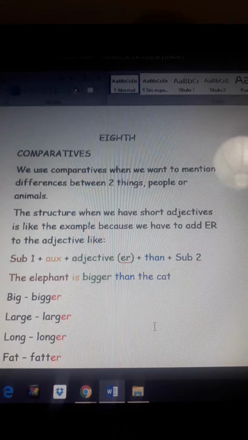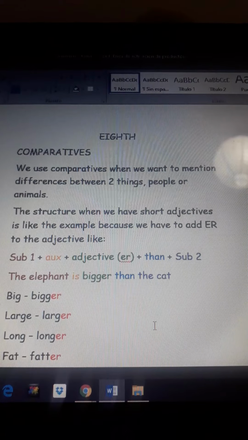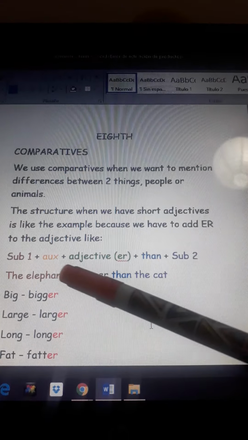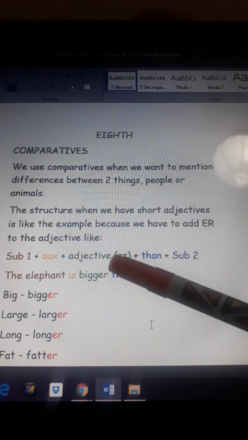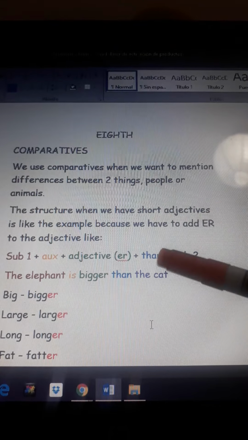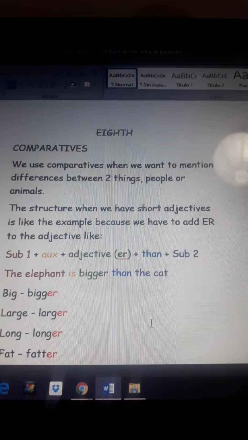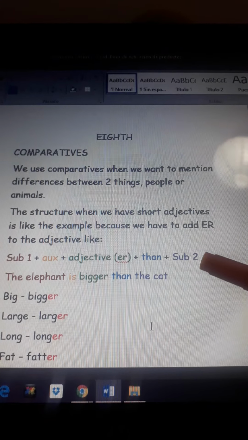What is the adjective? For example, big, large, long, expensive, beautiful, intelligent. So those are the adjectives. So we have subject 1, the auxiliary, the adjective plus -er because it's short, remember, than, because this is the word that helps to compare, and the subject number 2.